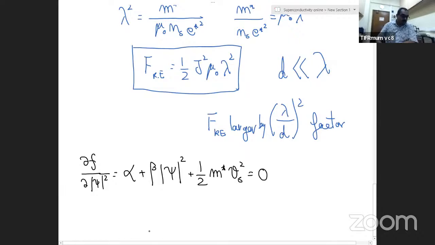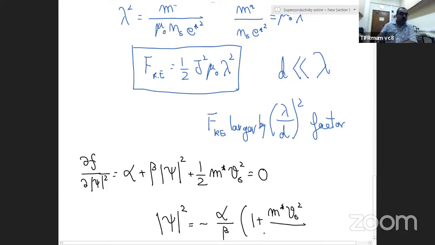So that means psi mod square will become minus alpha by beta into 1 plus m star vs square by twice alpha.